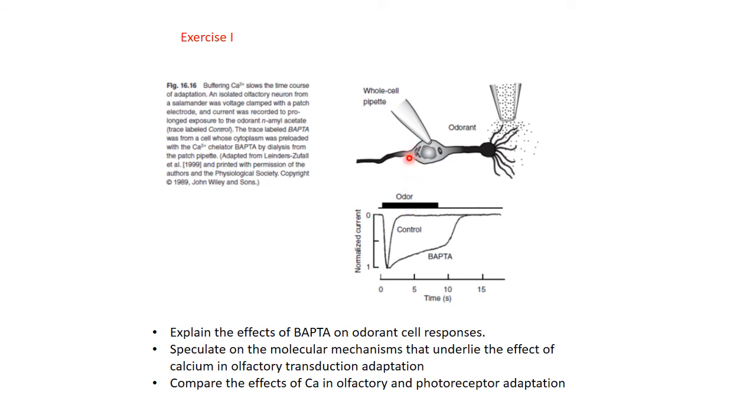Now if the same recording is made in the presence of BAPTA inside of the pipette, now you can see that this wane of the response, or decline of the response, with this odor is much diminished. So explain the effects of BAPTA on odorant cell responses. Speculate on some of the molecular mechanisms that underlie the effect of calcium in olfactory transduction adaptation. And finally, compare the effects of calcium in olfactory and photoreceptor adaptation.